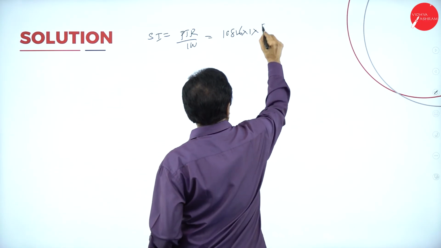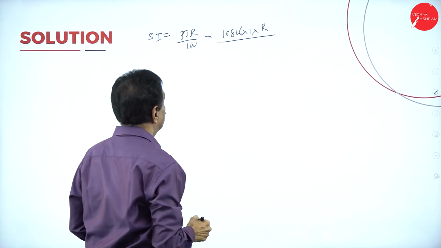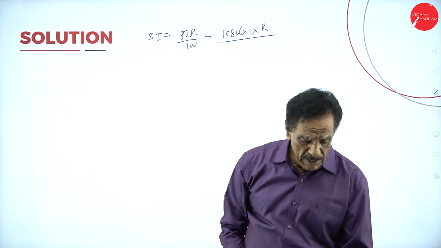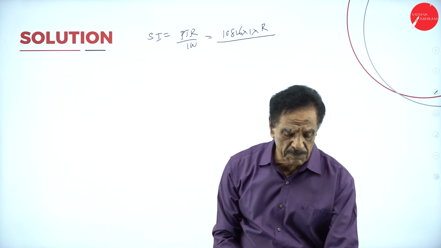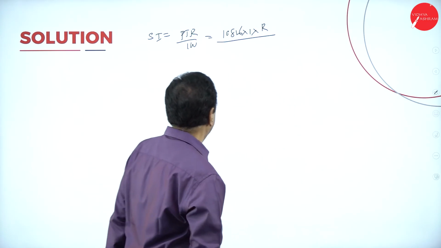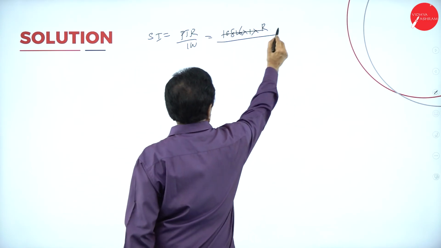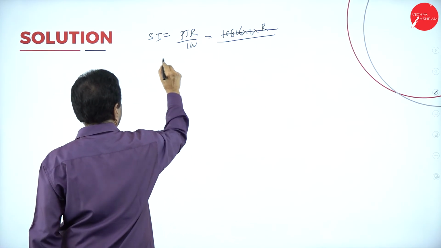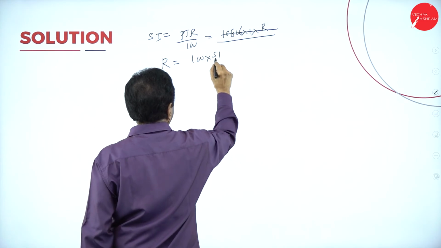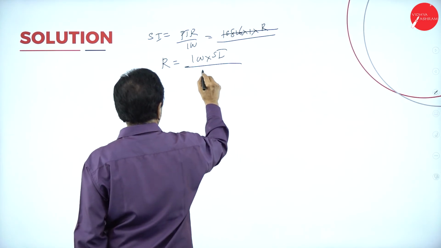Simple interest 432.64, so R is equal to 100 into SI divided by PT.